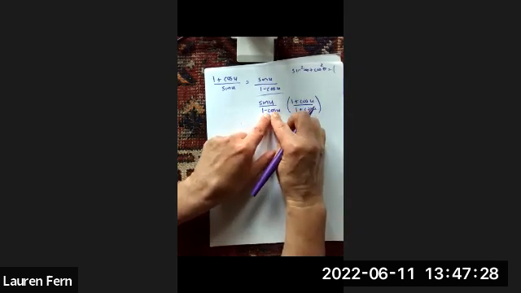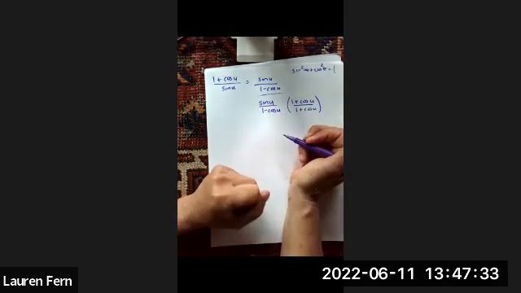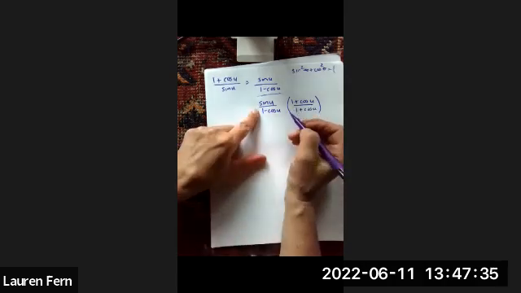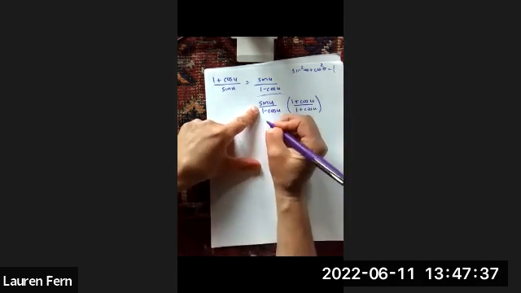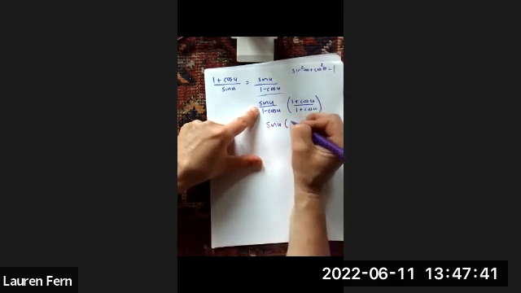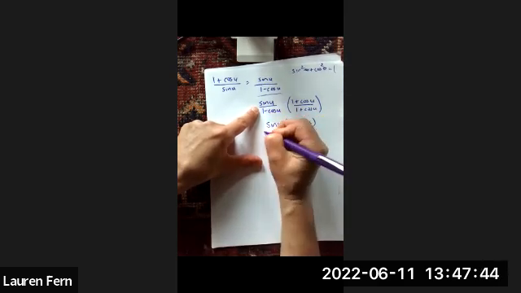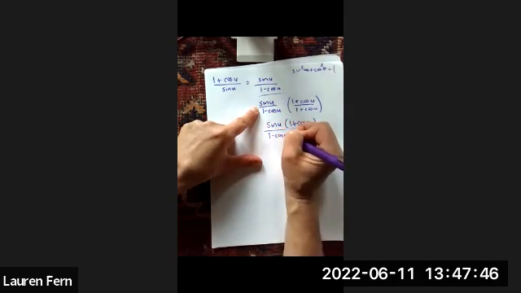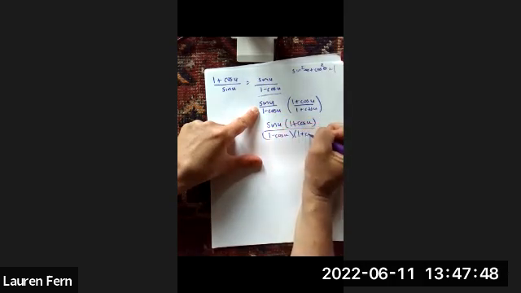Instead of 1 minus cosine u, do 1 plus cosine u. Okay. Why? Well, let's do this. We get sine u times 1 plus cosine u over 1 minus cosine u times 1 plus cosine u.